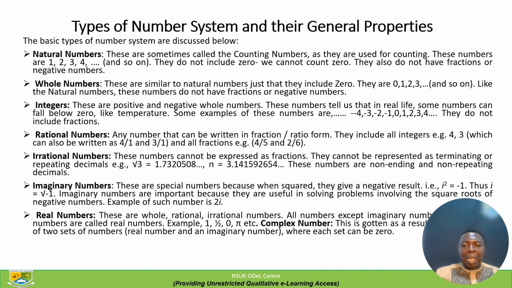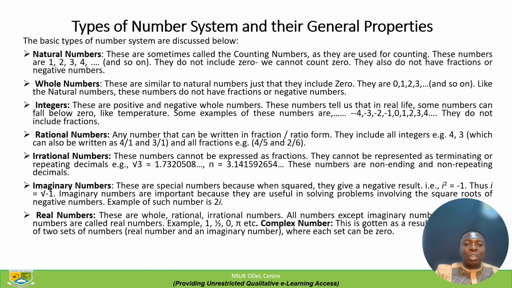These numbers tell us that in real life, some numbers can fall below zero, like temperature. You can say this when temperature has gone below zero. Some examples of these numbers are 4, 3, negative 4, negative 3, negative 2, minus 1, and so on and so forth. Or 0, 1, 2, 3, 4. They do not include fractions.